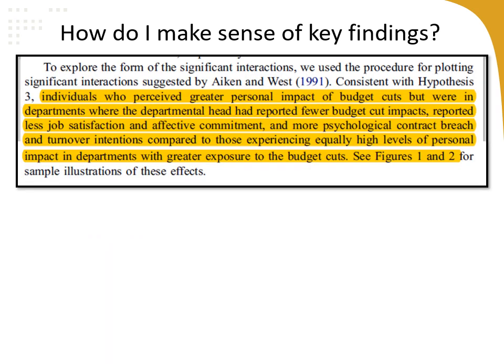Now let's look at that hypothesis 3, right? The interaction effect or the moderation effect. So individuals who perceived greater personal impact of budget cuts, but were in departments where the departmental head had reported fewer budget cut impacts, reported less job satisfaction, affective commitment, and more psychological contract breach and turnover intentions compared to those experiencing equally high levels in departments.